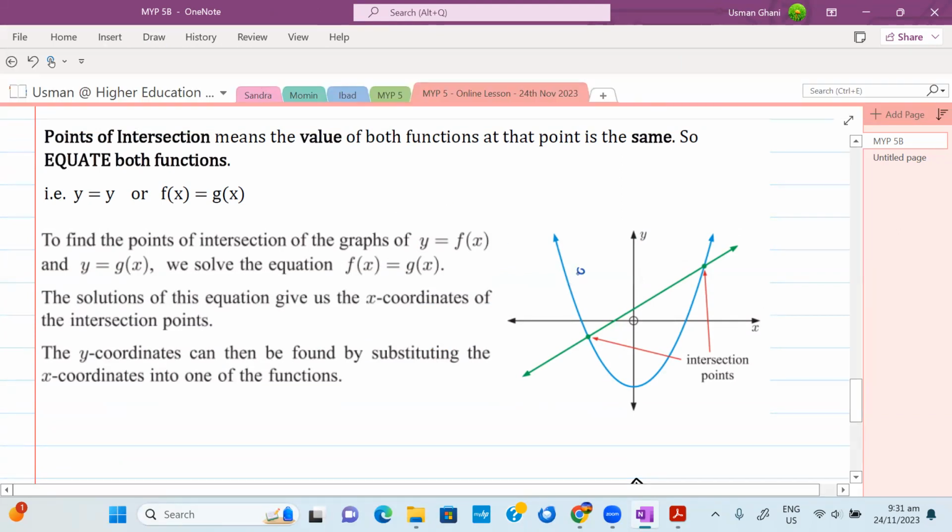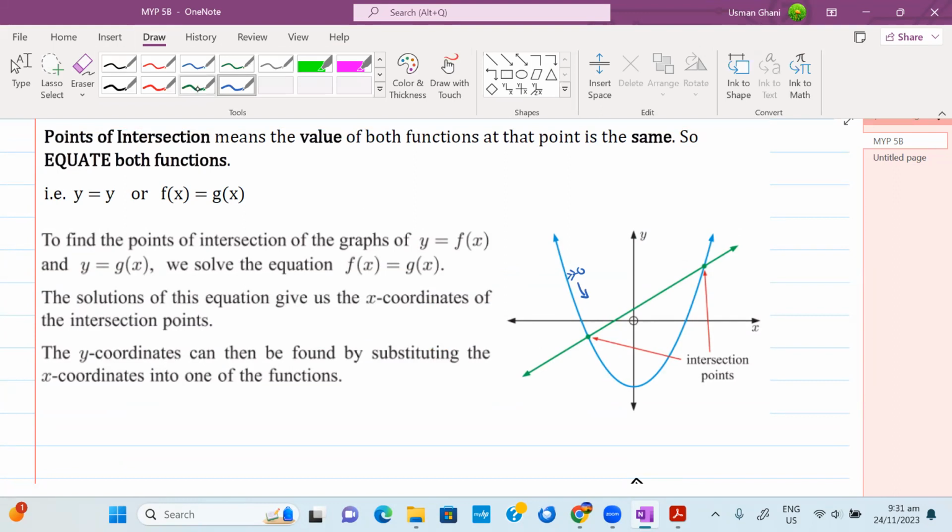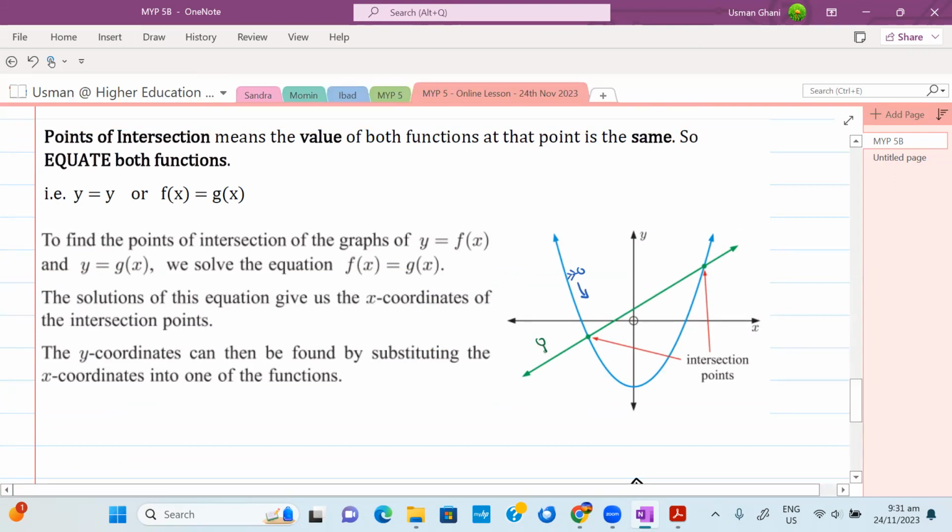नाउ दिस इज अ ब्लू गाय, the blue guy who is walking on the blue curve नीचे, and there is a green guy who is walking on this line ऊपर की तरफ, right? As they are walking, I actually want both of them to stop at this point of intersection. This is their aim. As they stop over here, I want you to pause for a moment and comment about their location.